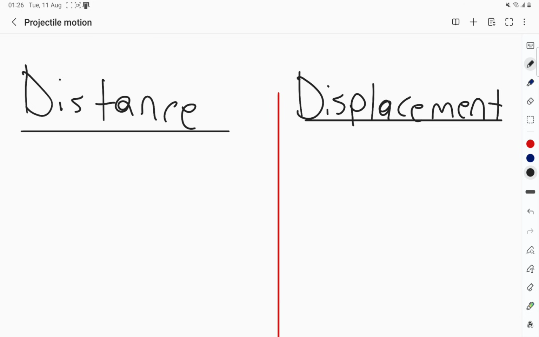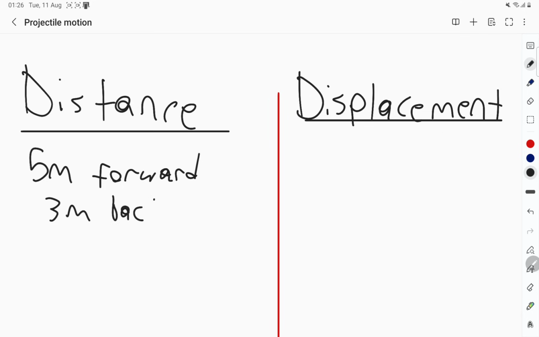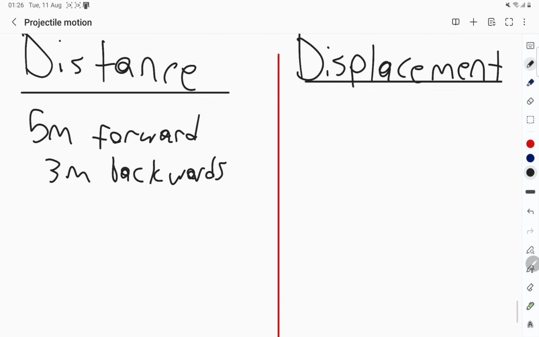So let's say, simple example, you walk 5 meters forward, and then you walk 3 meters backwards. So when you are asked what is the total distance that you traveled, you will say you traveled 5 plus 3.